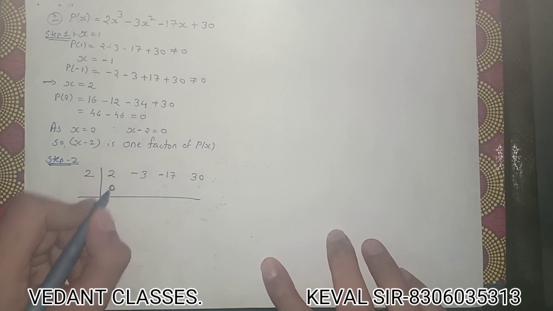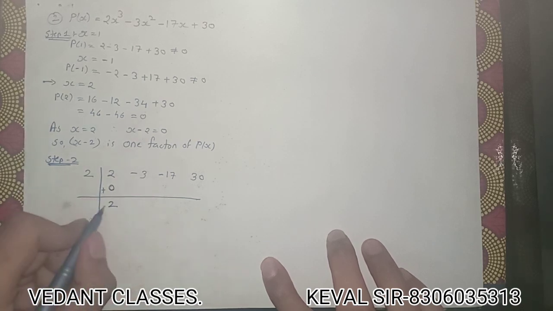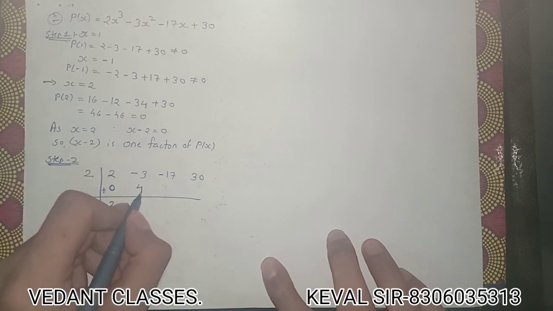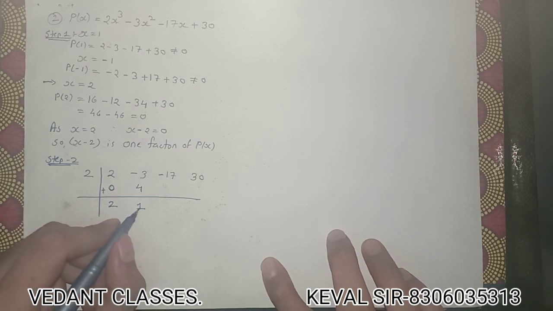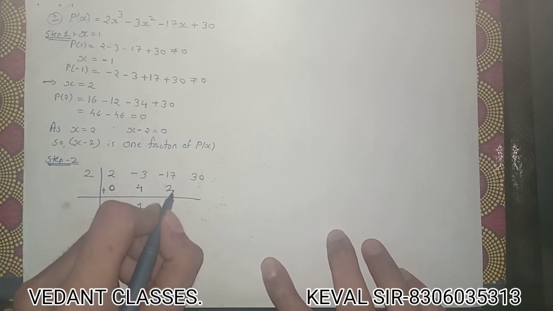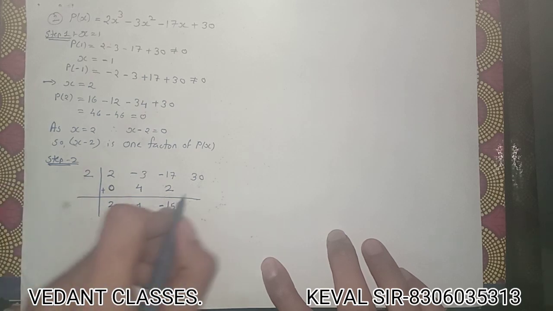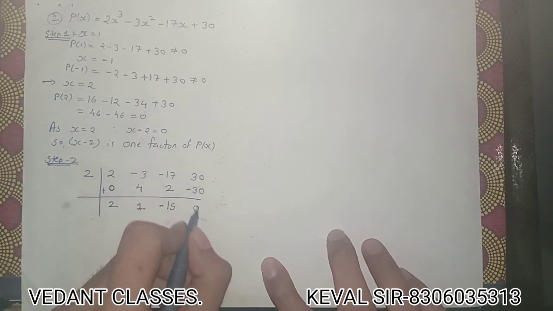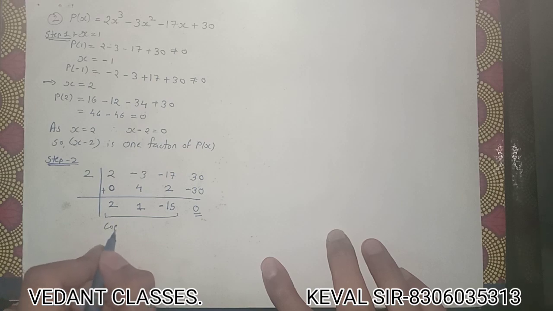Here the initial value is always 0, so this will be 2 plus 0, so this will be 2, then 2 into 2, so this will be 4, then 4 minus 3, so it will be 1, then 2 into 1, so this will be 2, this will be minus 15, and minus 15 into 2 is minus 30, so here it will be 0. So these will be the coefficients of x square, x and constant term.